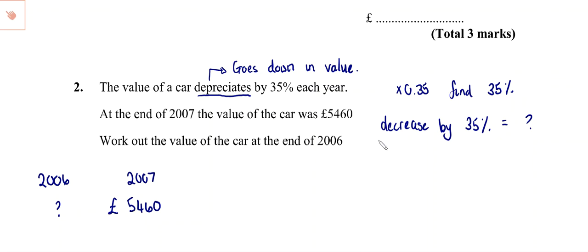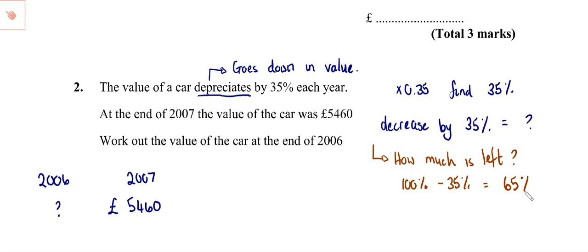Now, here's the thing. We've got to figure out how do we decrease by 35%. Now, here's my tip. If I decrease by 35%, how much is left? So we start with 100%, and we minus 35%, we get 65%.